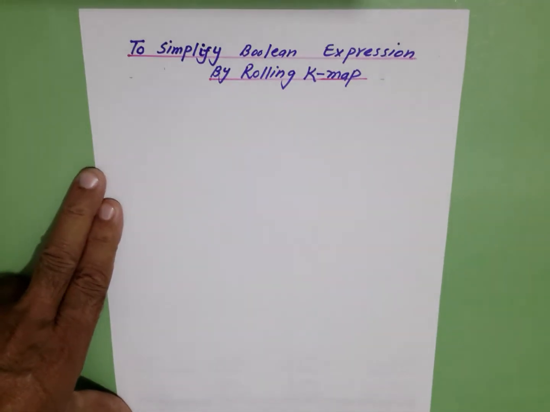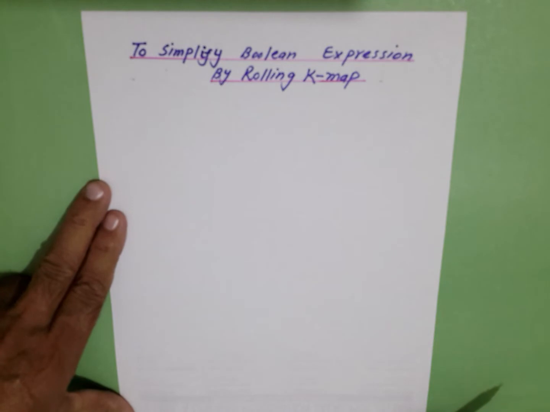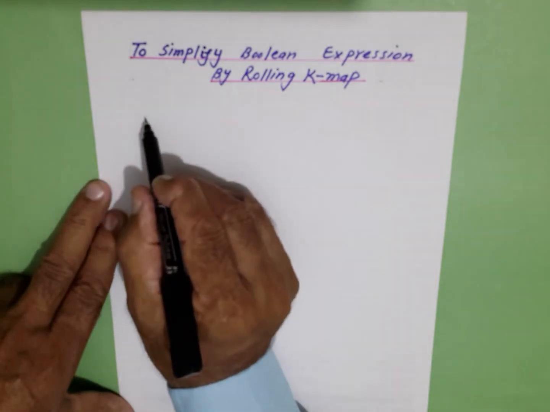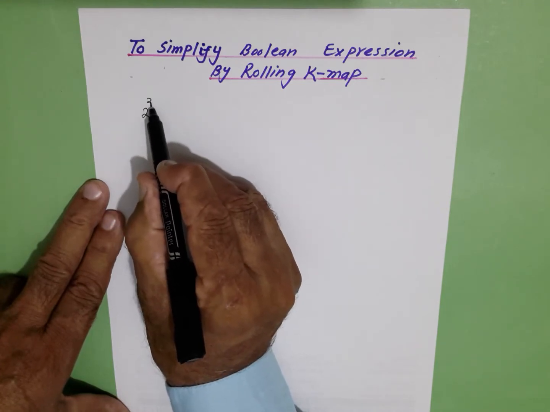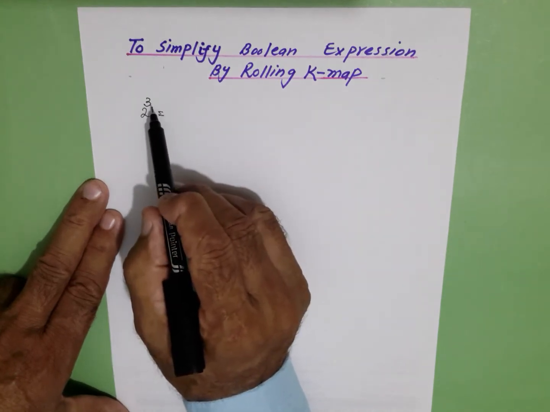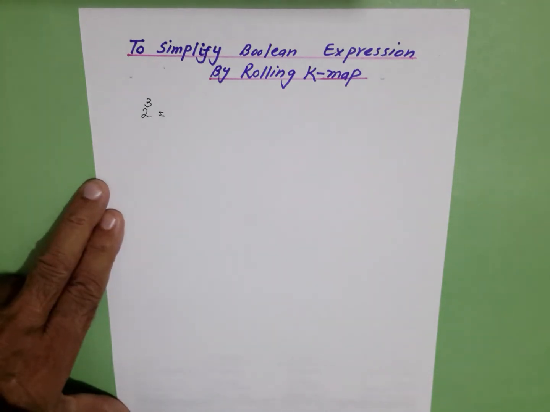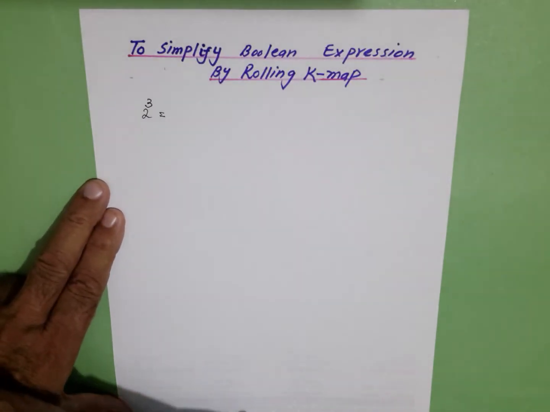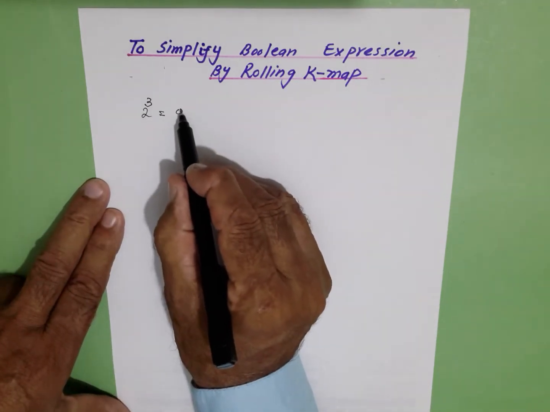We are going to simplify the Boolean expression with the help of K-map, rolling from top to bottom or left to right. We are going to start with 2 raised power 3. It means if there are 3 inputs to a logic gate, there can be 8 possible combinations in case of a truth table, and in case of K-map there will be 8 cells.